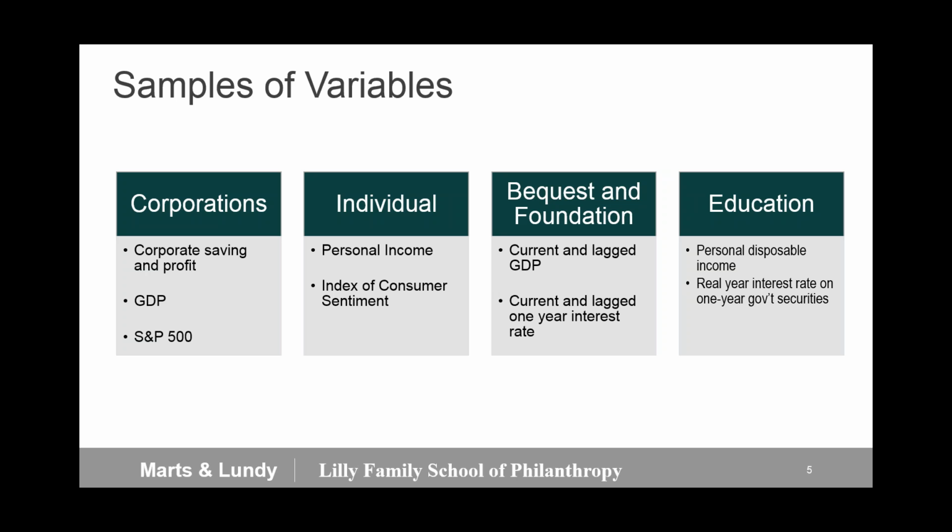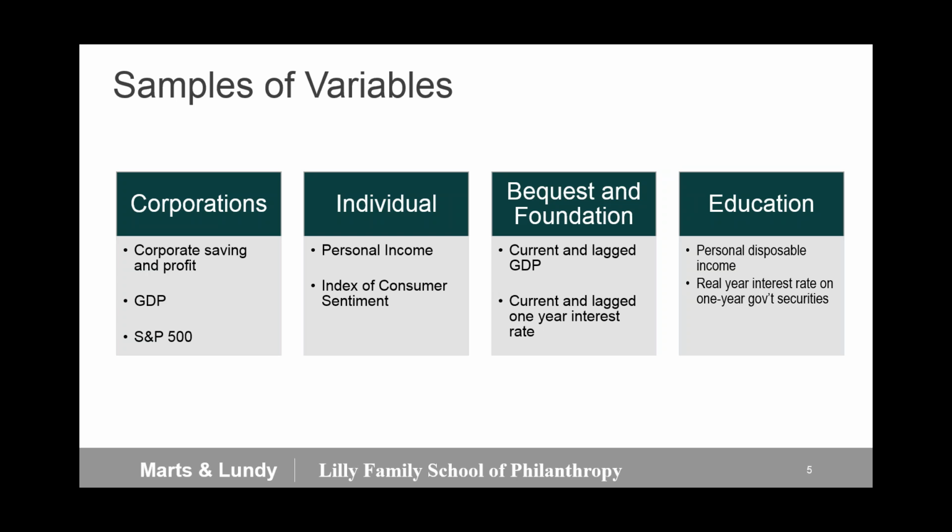First, on the corporate giving side, we look at how current profit levels for companies drive their giving, but we also look at retained earnings and corporate savings and how that impacts giving decisions. Alongside the corporate level variables, the models also include the performance of the overall economy, the aggregate economy measured by the GDP and the stock market performance.